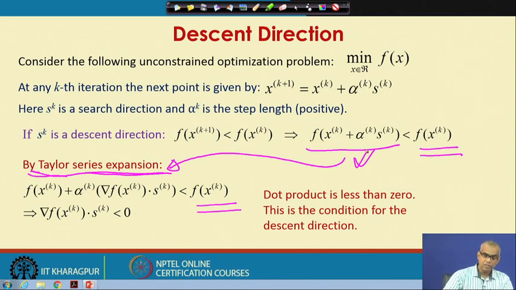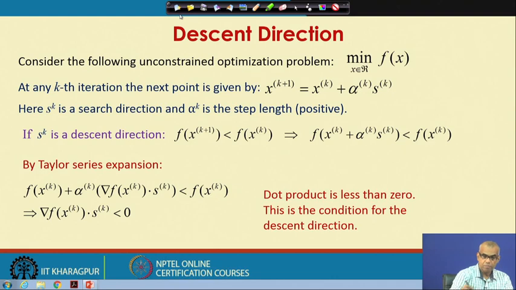Now, look at this expression. You have on both sides the function value at x k. So, this inequality says you must have gradient f at x k into s k must be less than 0.